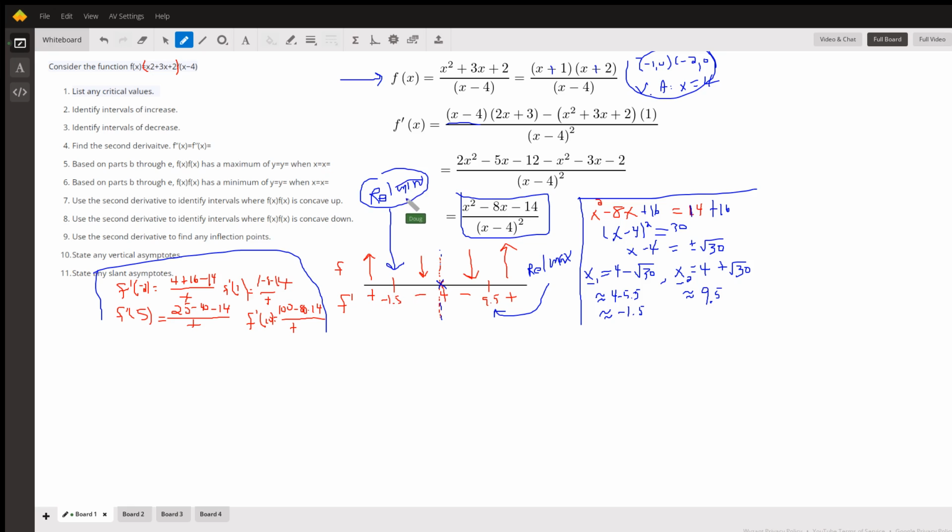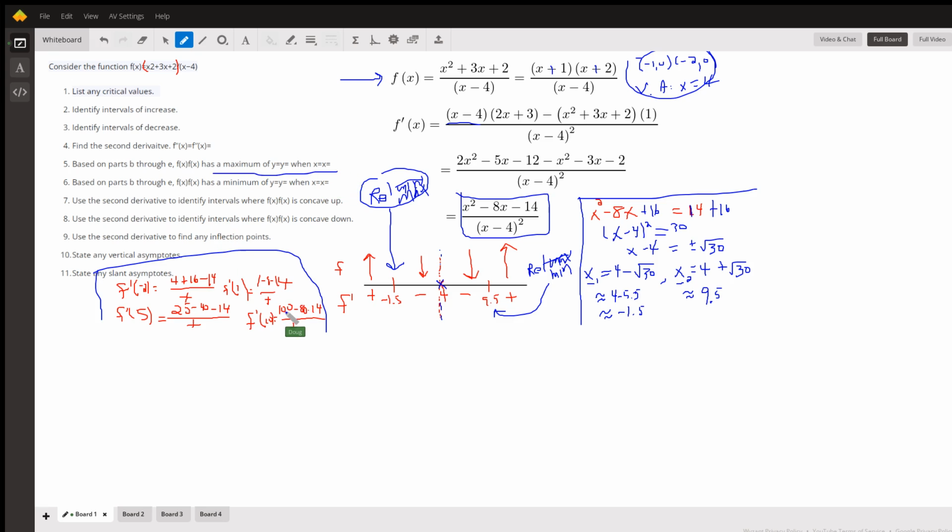This is a max, and this is a min, because we went from decreasing to increasing. So keep those in mind as we have to answer this question right here. Maximum value of y equals what when x equals what?